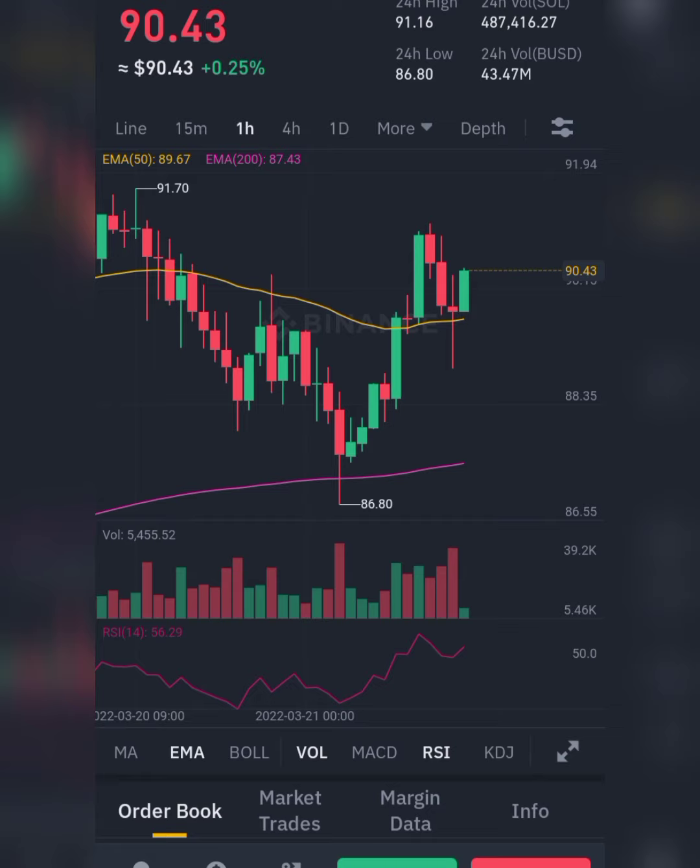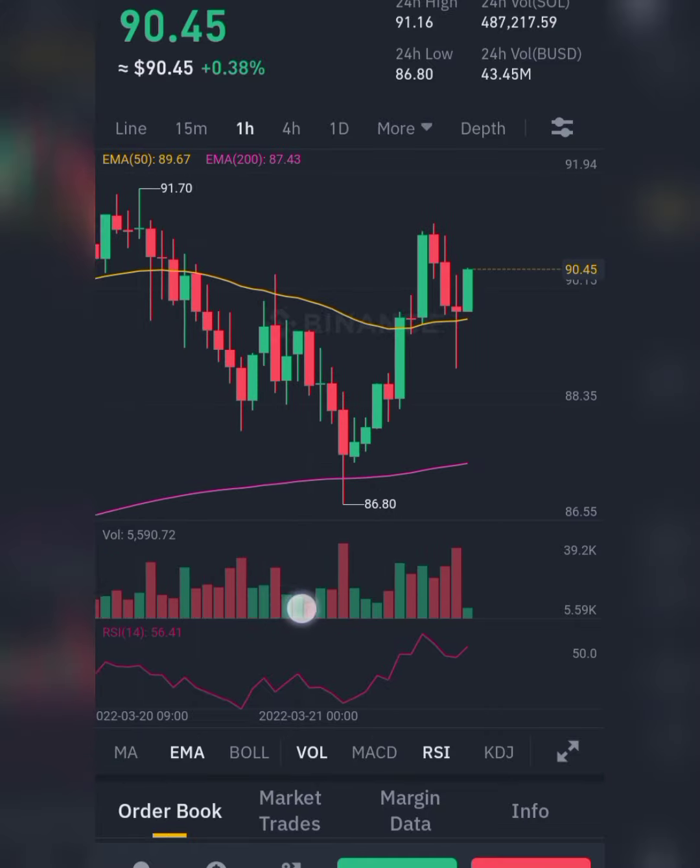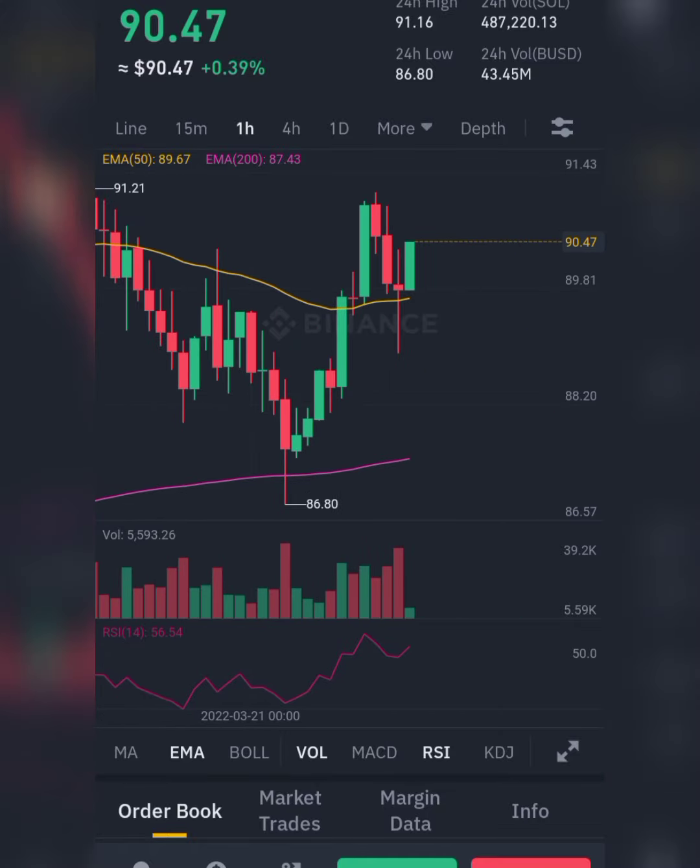Now, if you see high volume and it's showing red, that is a quick confirmation that the smart money is selling in the higher time frame.